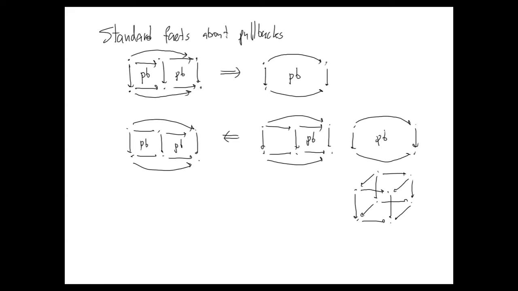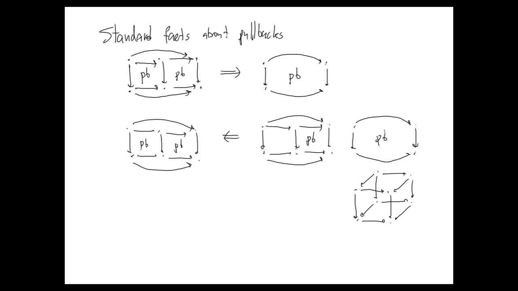And let me see if I can get it right. Let's say I know that the back face of the cube and the front face are pullbacks. Sorry, the back, the front, and the bottom are pullbacks.